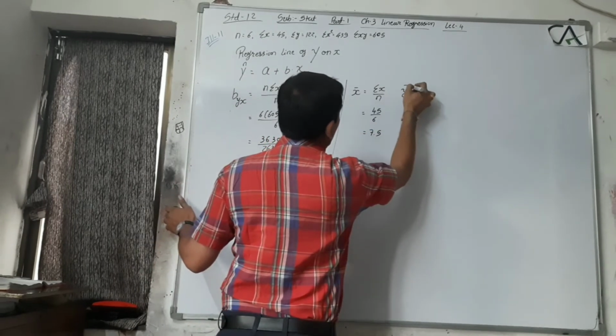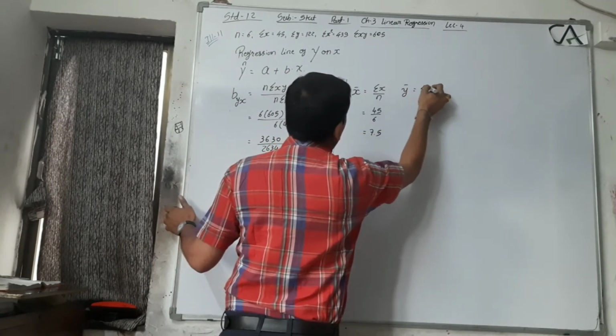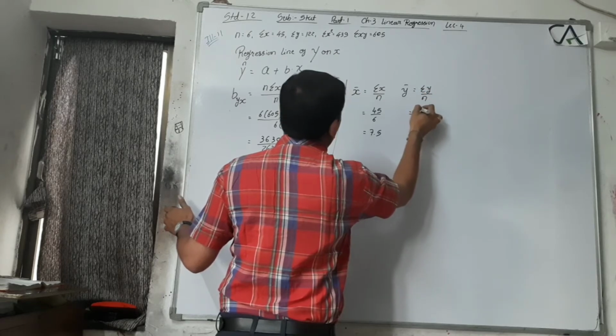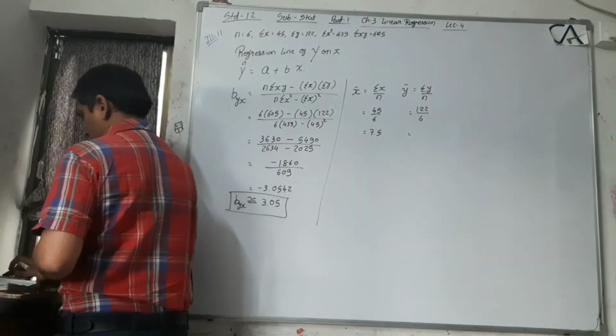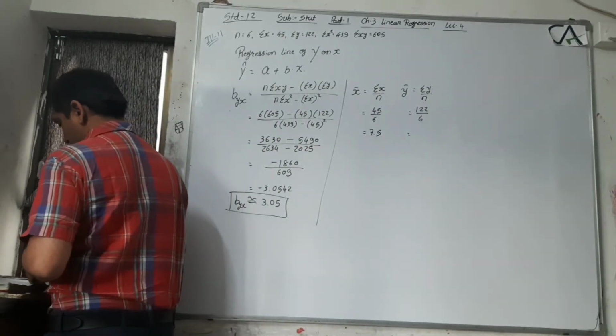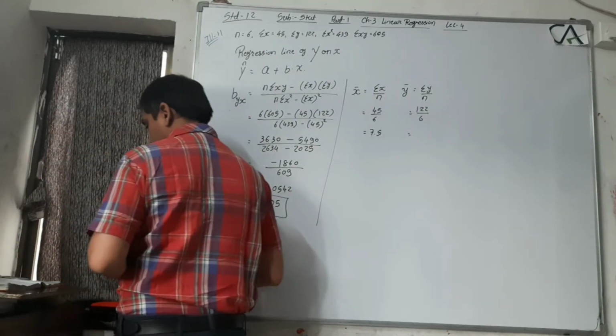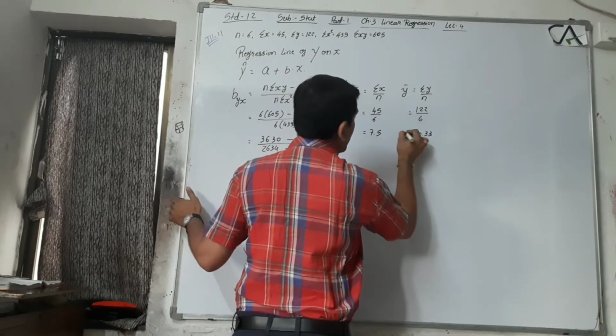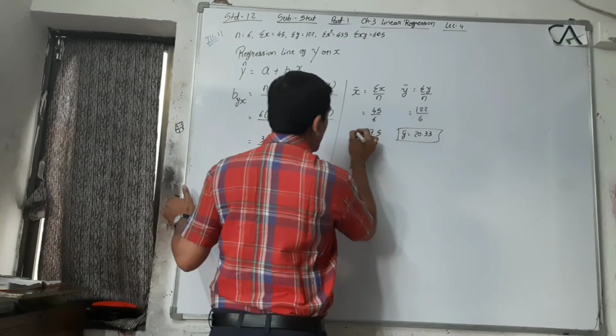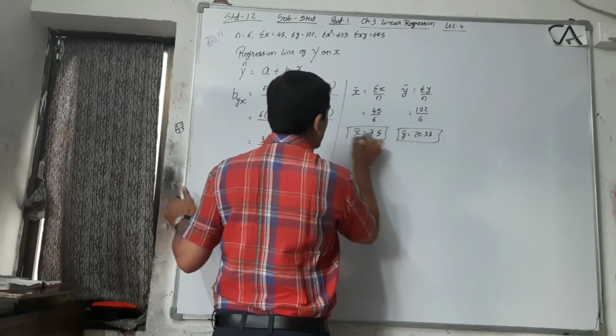Y bar is equal to sigma y upon n, that is 122 upon 6, that is 20.33. That is your y bar, and here it is your x bar.